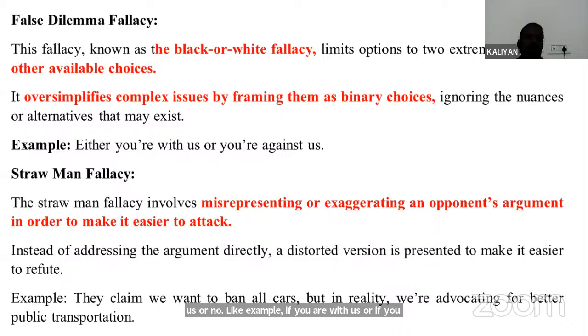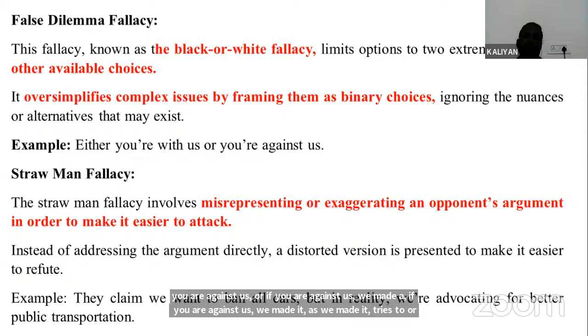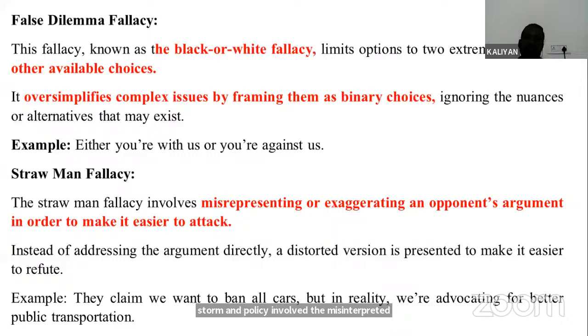And the strawman fallacy. The strawman fallacy involves misrepresenting or exaggerating the opponent's argument. For example, if they are advocating please use public transportation, but the opponent exaggerates or misinterprets it, saying they want to ban all cars.